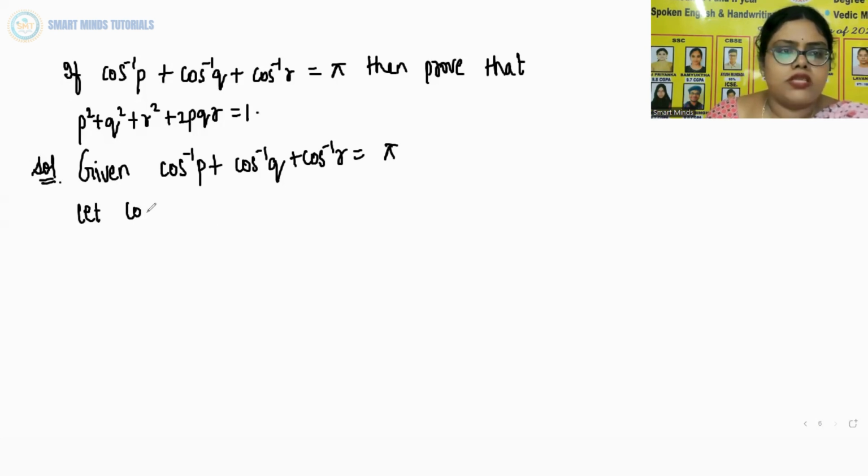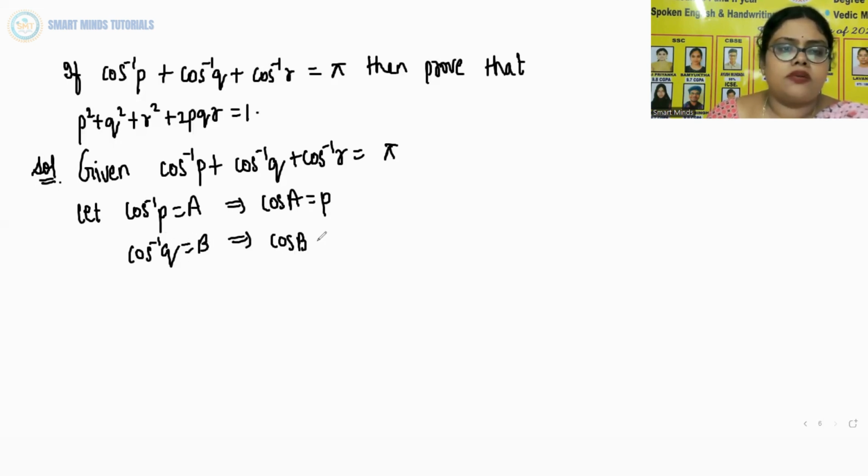Now let cos^-1 P = A, so cos A can be written as P. cos^-1 Q is B, so cos B = Q. cos^-1 R = C, so cos C = R.